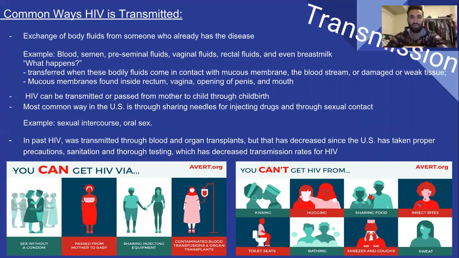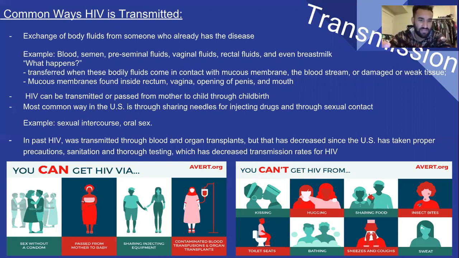So now we're just going to talk about how HIV is transmitted, how it's received. HIV is transmitted in multiple ways. One is through the exchange of bodily fluids from a person who is a carrier of the virus. Another is mother passing it to child during childbirth.